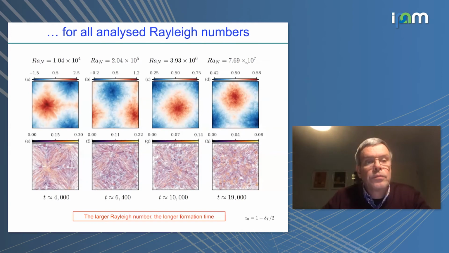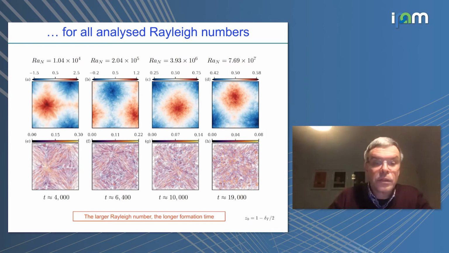We could go up to almost 10 to the 8. And this is the corresponding streamline plot of the surface flow in these cases. What we observe here is that the larger the Rayleigh number, the longer you have to wait. For the biggest Rayleigh number, almost 20,000 free fall times. So that's a pretty long simulation you have to run in order to get there.